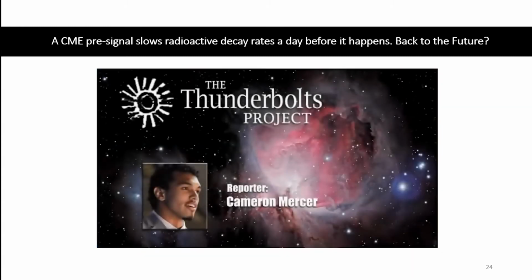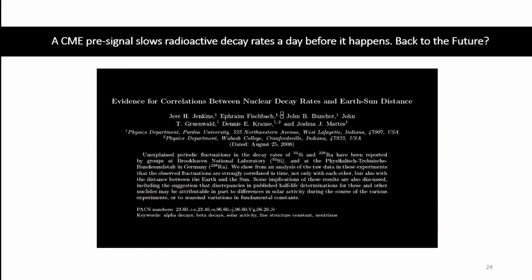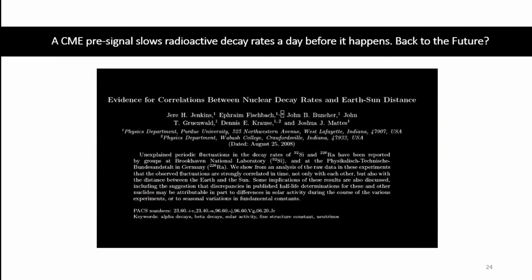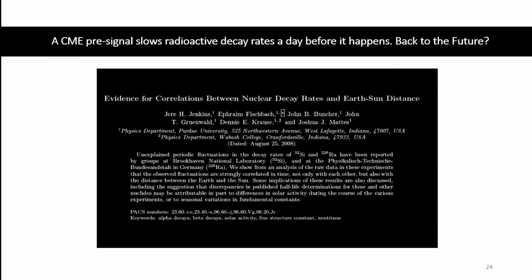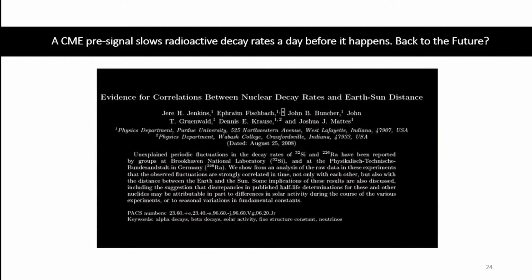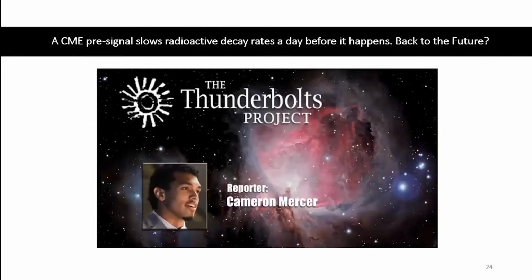The Purdue researchers who discovered this correlation initially tried to avoid speculating about this problem and published just the correlation, but their submission was rejected on the grounds that there was no known mechanism for radioactive decay counts to decrease in anticipation of a solar flare.